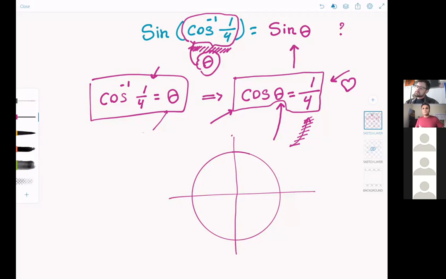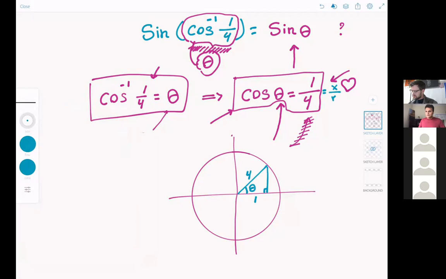Cosine of theta is 1/4. So in the first quadrant, I'm going to put theta here. Cosine is x/r, so this will be 1 and this will be 4.